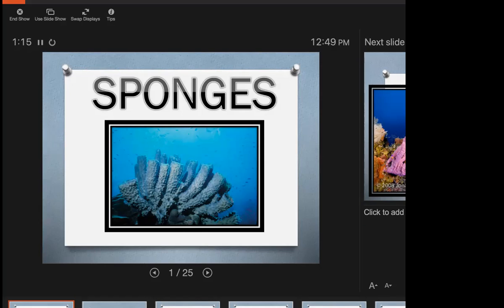What I want you to do, if you think about these two things, this sponge and this sponge, do they have any similarities? I mean, clearly they have differences, but do they have any similarities?